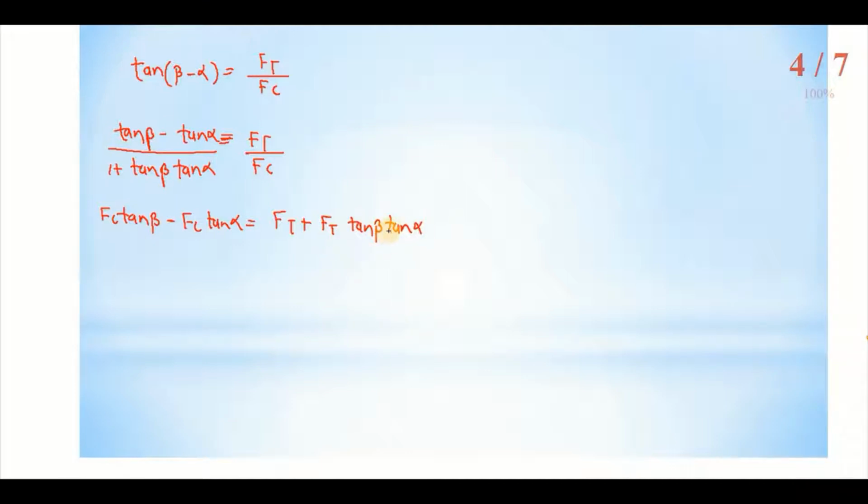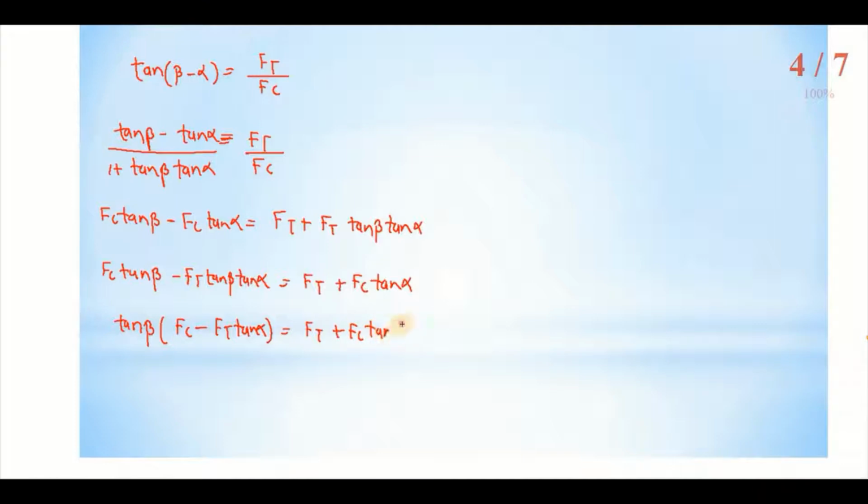Taking this term to this side and that term to the other side, we get Fc tan beta minus Ft tan beta tan alpha equal to Ft plus Fc tan alpha. If you take tan beta common, we get tan beta times (Fc minus Ft tan alpha) equal to Ft plus Fc tan alpha.